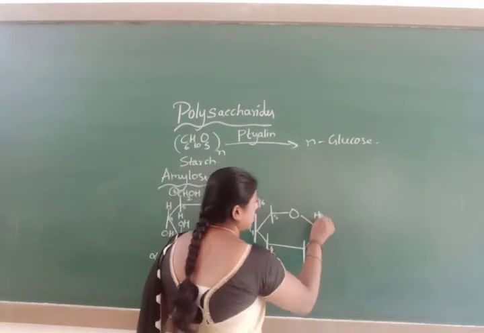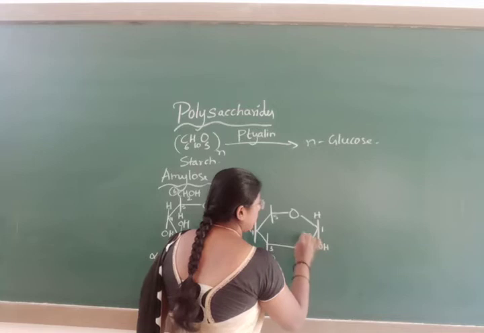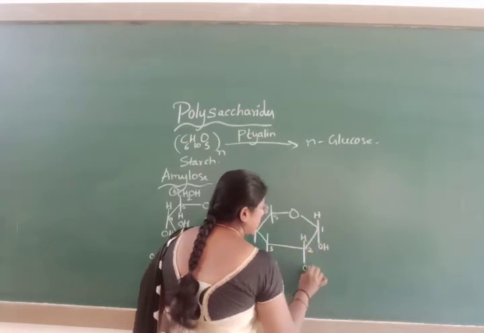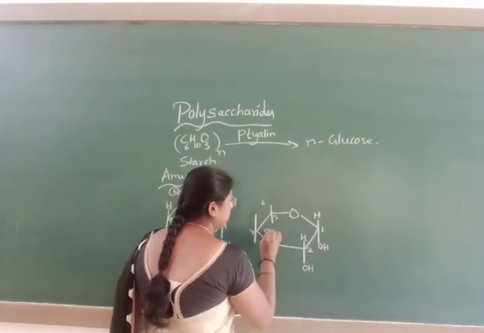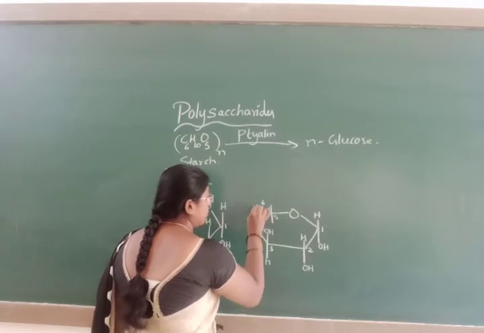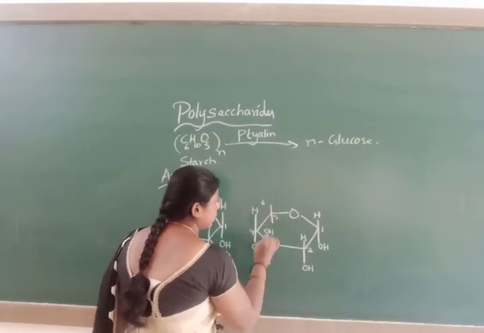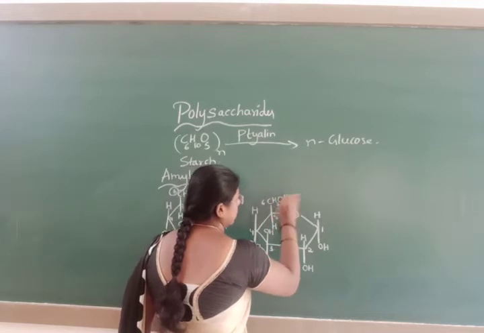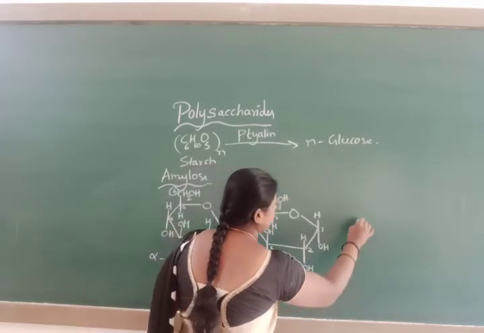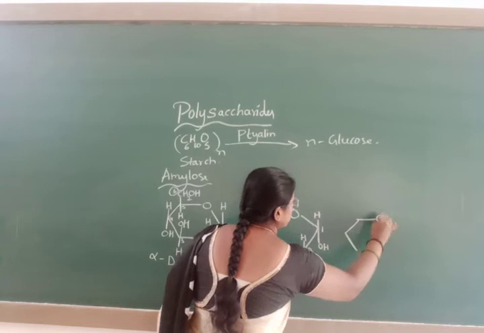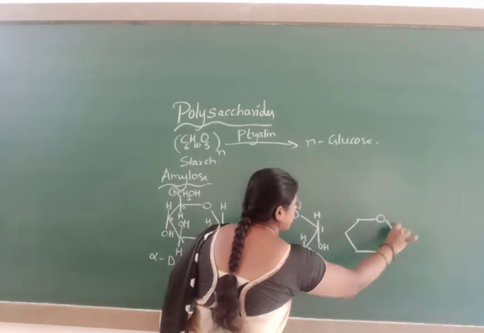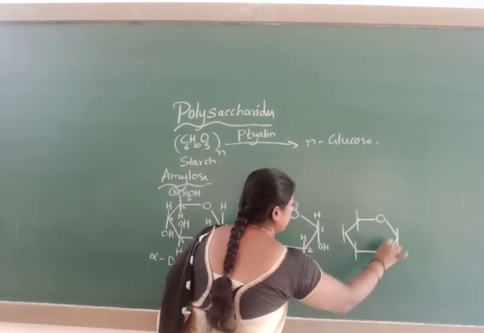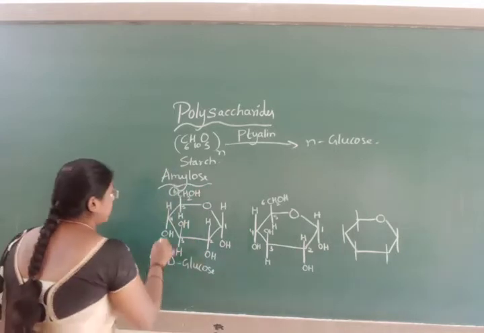Alpha will be H for the first carbon, HOH, second will also be HOH, always. Third will be OH, H, fourth will be HOH, fifth is HCH2OH. Similarly, continuously there will be n number of alpha D glucose units joined together.